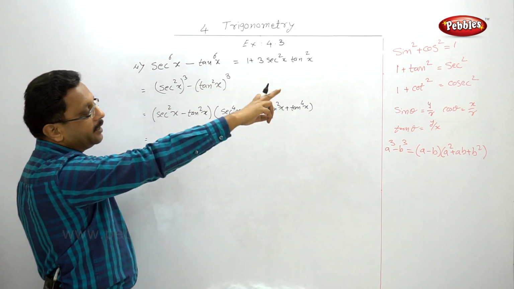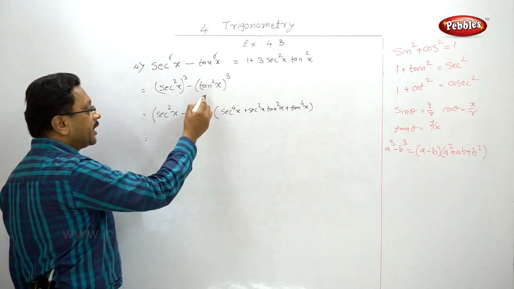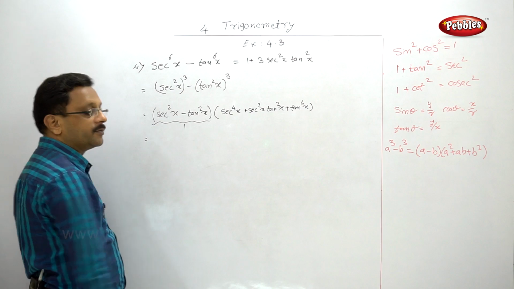Now by the identity, second identity, sec square x minus tan square x is equal to 1. So this bracket will be equal to 1.